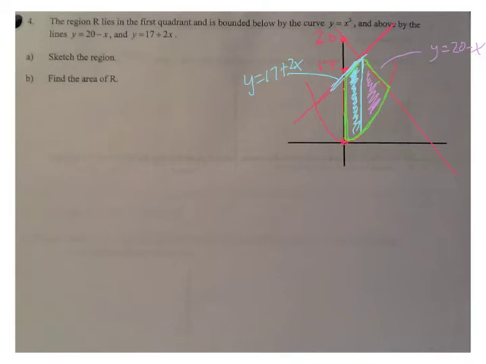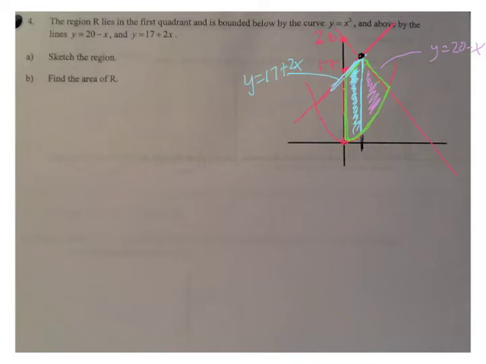It's first going to be important for us to establish what's the breaking point, what's the intersection point here, so that I know what my limits are going to be on each of the different integrals that I have to deal with.